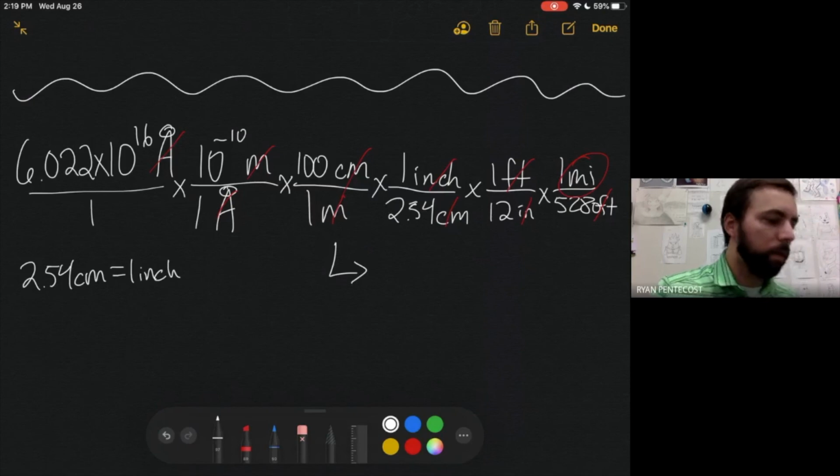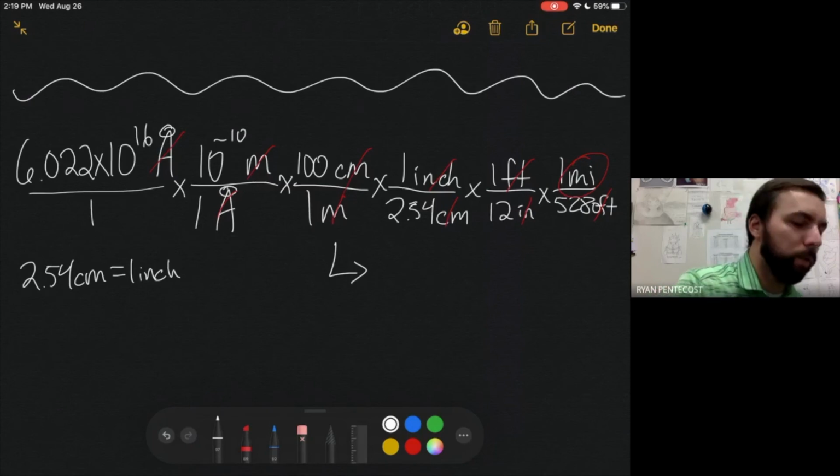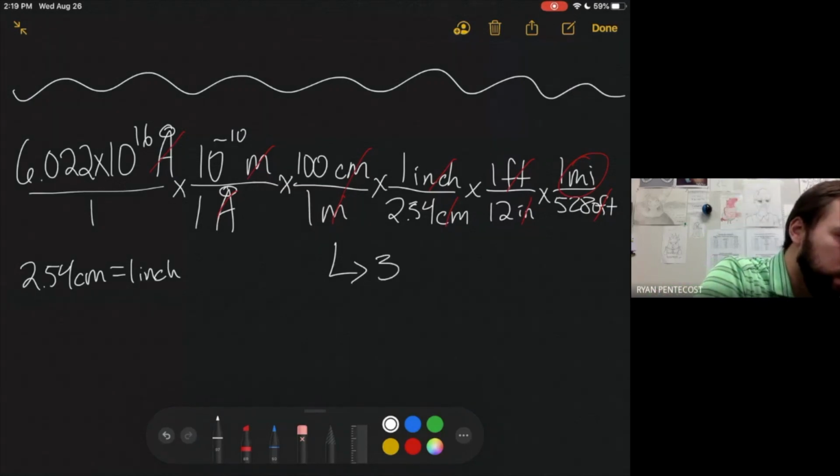So this number, if we take 6.022 times 10 to the 16th, and then we multiply that by 10 to the negative 10, then we multiply by 100, divide by 2.54, divide by 12, and divide by 5,280, you should get 3,742 miles.